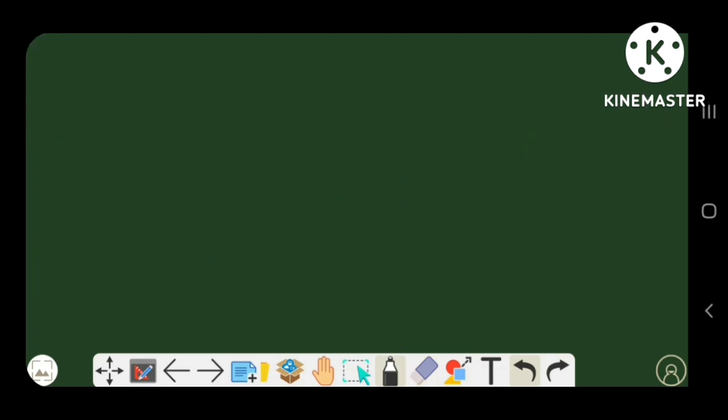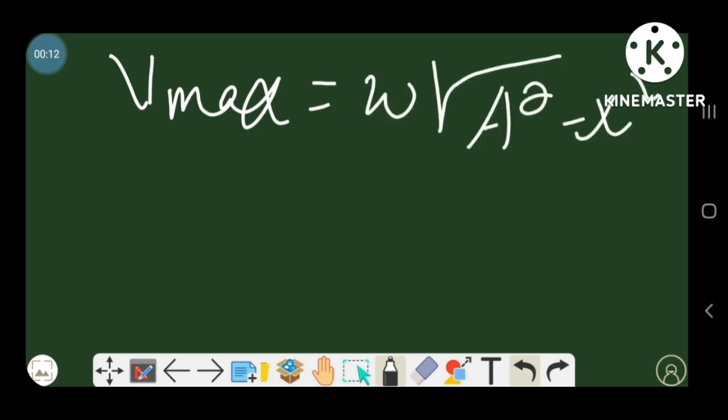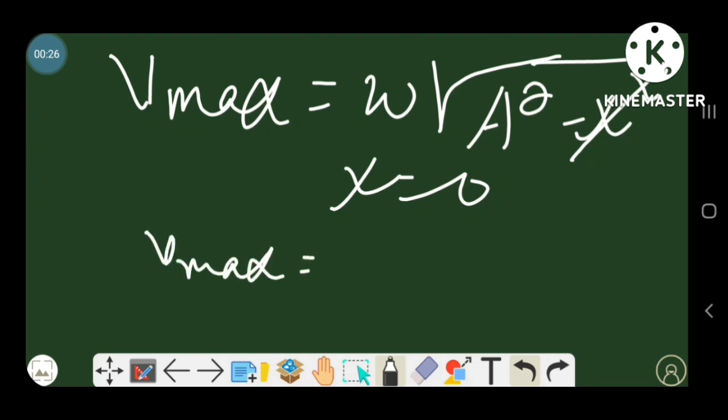Then the Vmax that you have to find is given by omega, the angular frequency, times the square root of a square minus x square. But v can be maximum when x equals 0. Therefore, when we substitute 0 instead of x, this term is 0. Then Vmax equals omega times a.